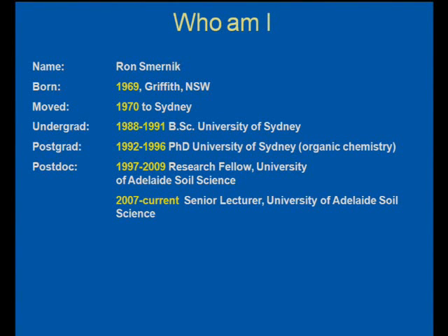Okay, a little bit for those who don't know who I am, about me, some stuff about where I was born and where I've lived and what I did as education. My wife seems to think I overdo the country boy thing. As you can see, I was born in Griffith. My parents were, at the time, share farming my grandparents' farm.